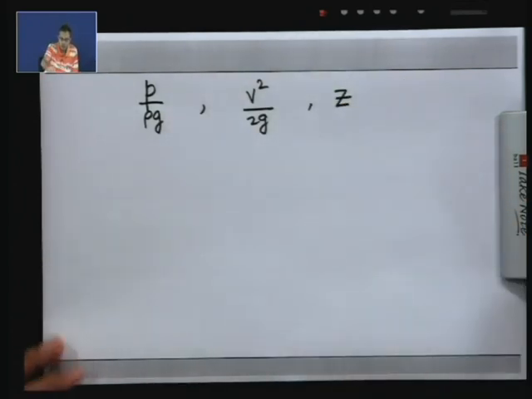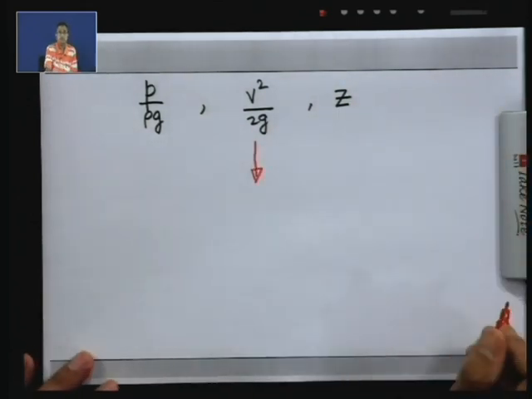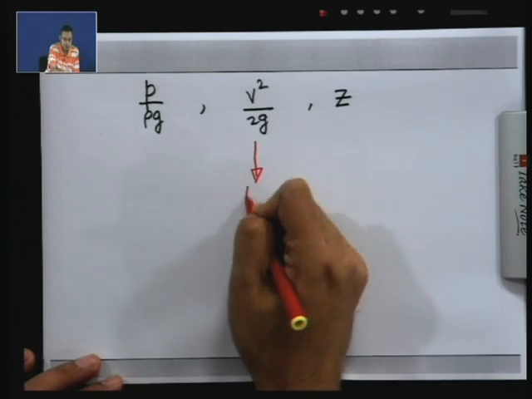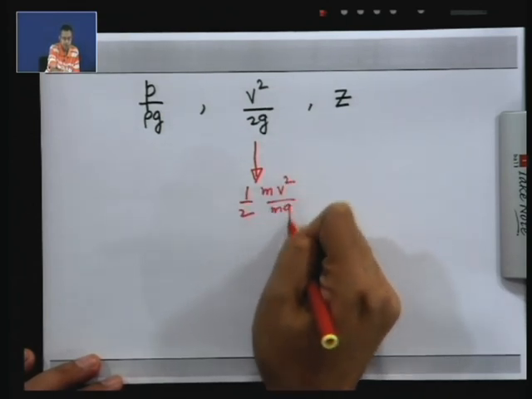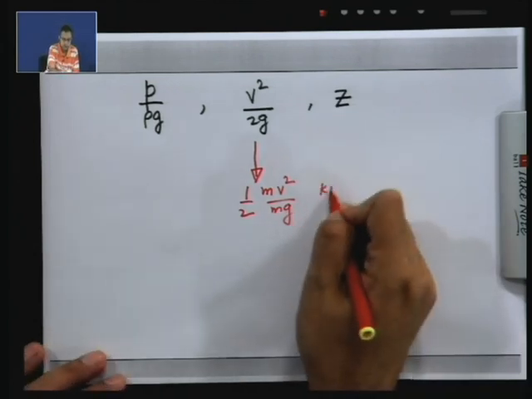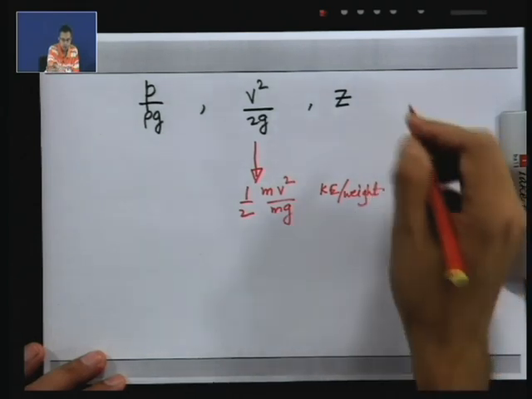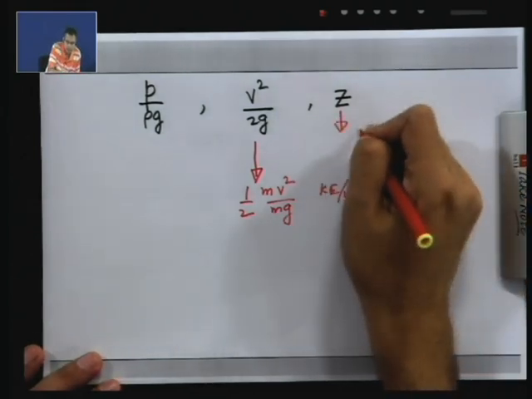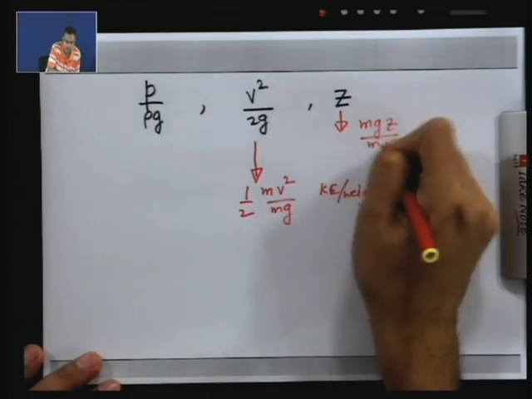So let us try to give a physical interpretation to this. First, V square by 2g. V square by 2g we can write half mv square by mg. So this is nothing but the kinetic energy per unit weight. Similarly Z, what is this? mgz by mg.